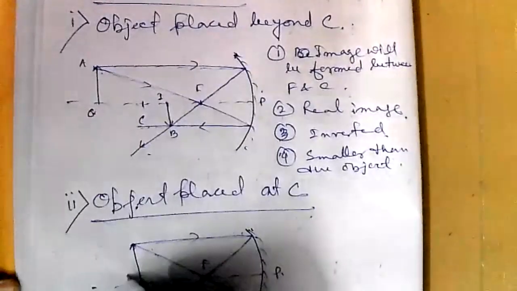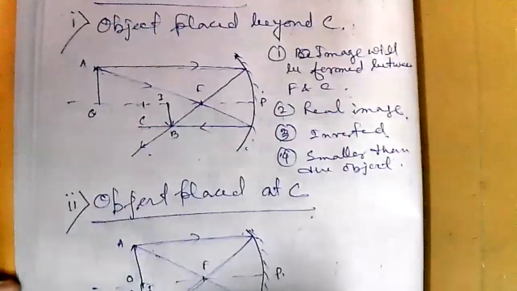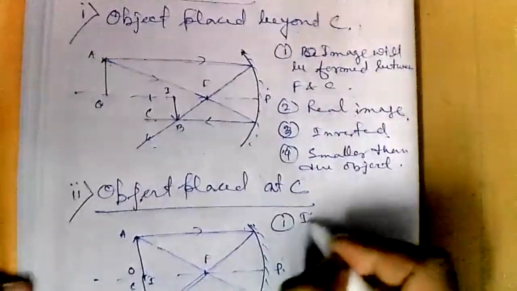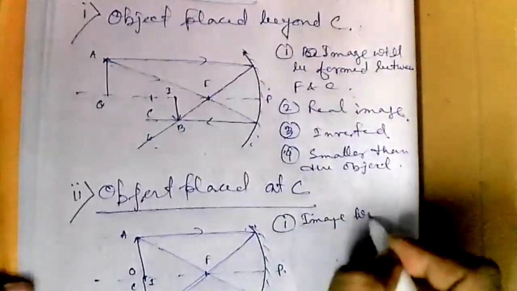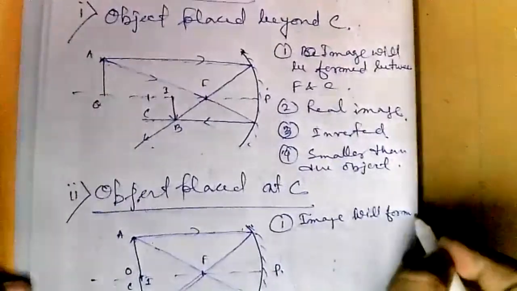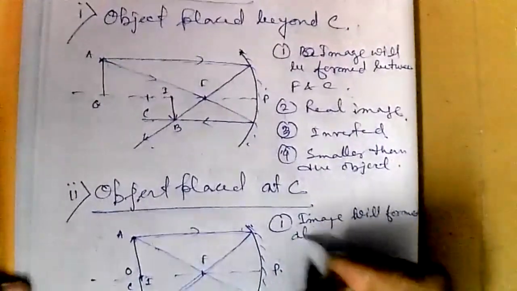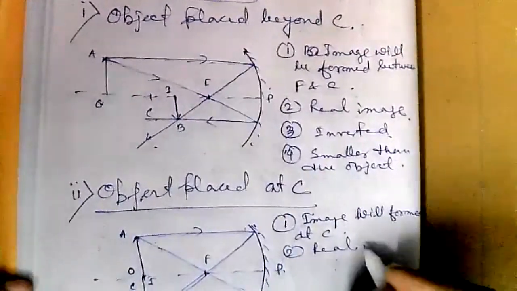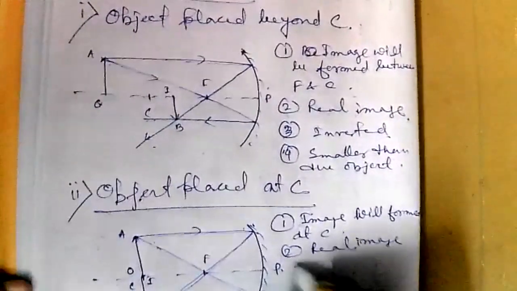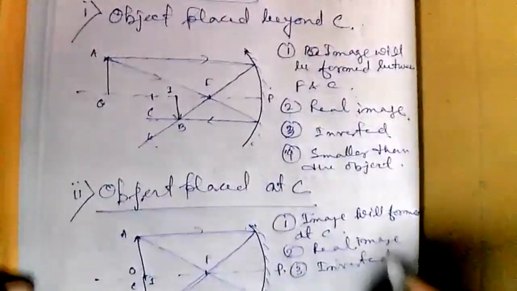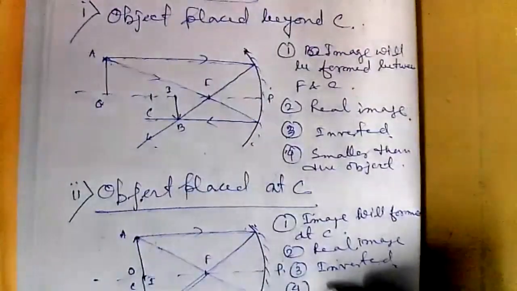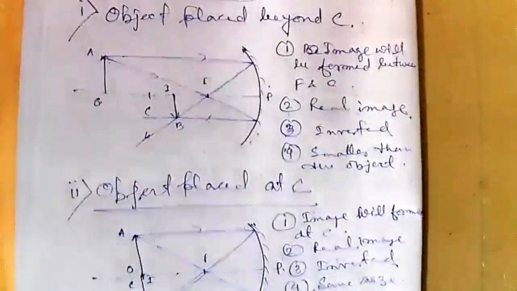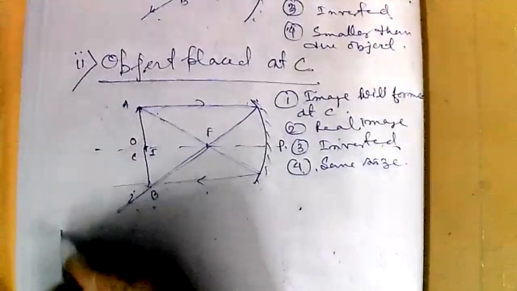Here OA is the object, IB is the image. So the image will form at C. It is again a real image, but inverted and the same size as the object. Okay? Is it okay?